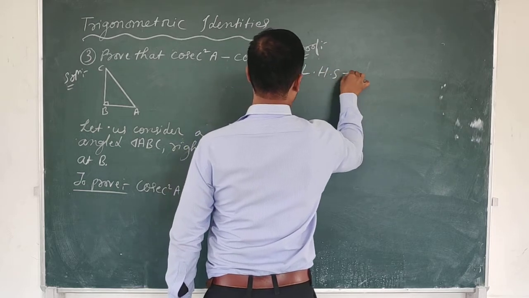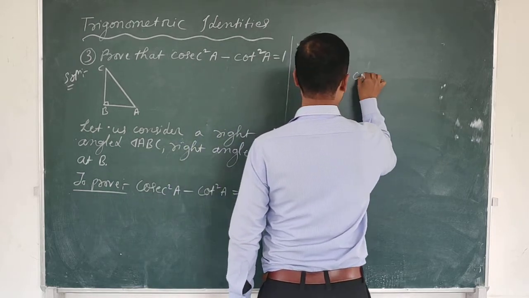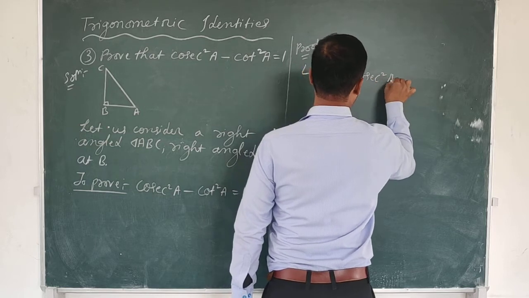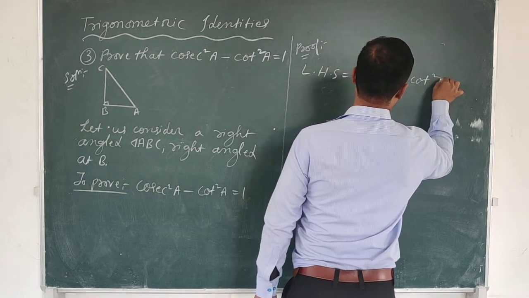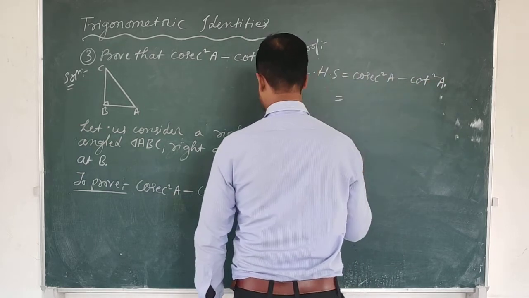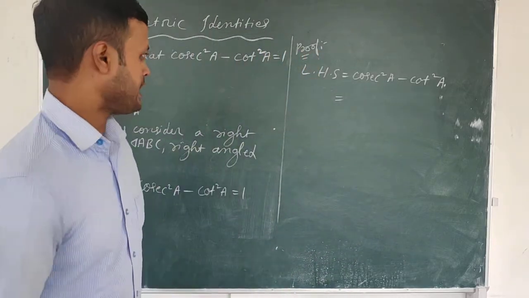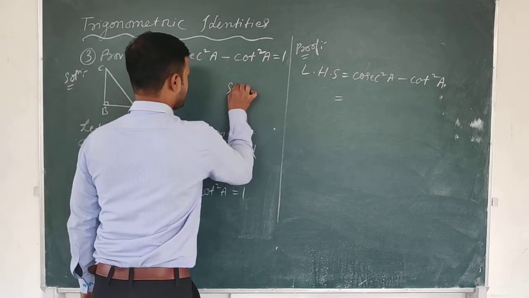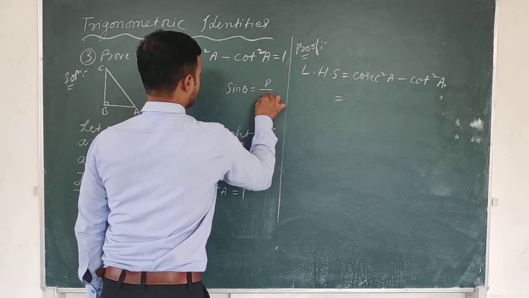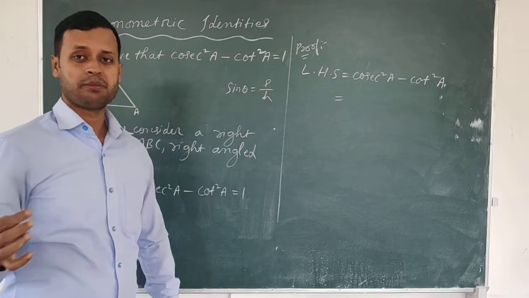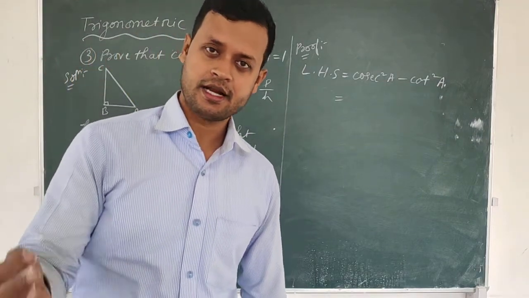LHS is cosec square A minus cot square A. Cosec is the reciprocal of sin. Sin theta is p by h: some people have curly black hair, tongues permanently brown.